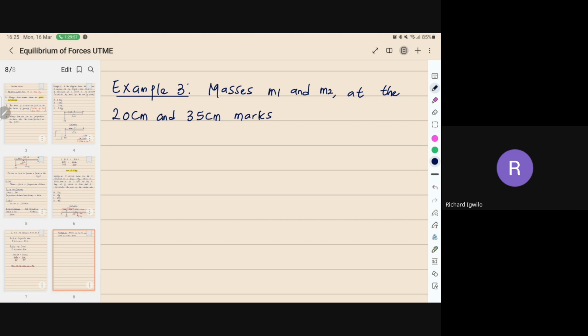So now they said that masses M1 and M2 at the 20 centimeter and 35 centimeter marks respectively, very fast guys, respectively, of a uniform meter rule, freely suspended at its center of gravity.